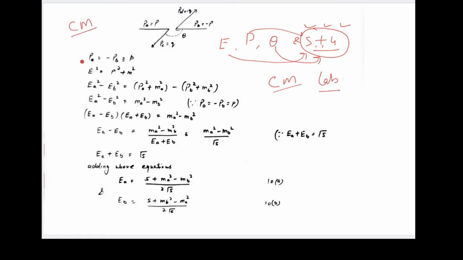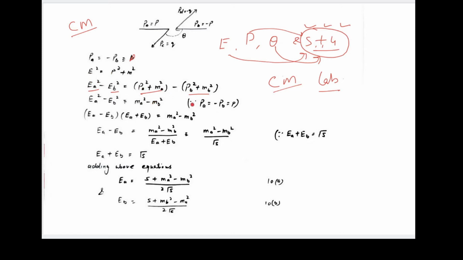For the center of mass frame of reference, PA is equal to minus PB. Suppose it is equal to P, and we know E square is equal to P square plus M square. Here P is linear momentum. So EA square minus EB square will be equal to this, where this is EA square and this is EB square.